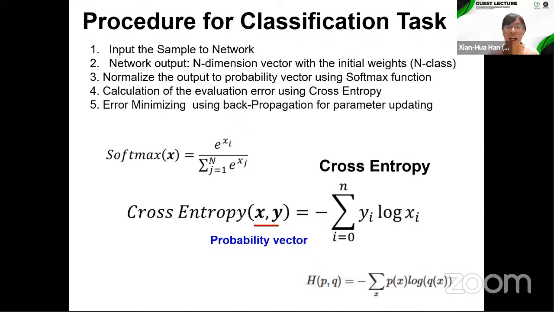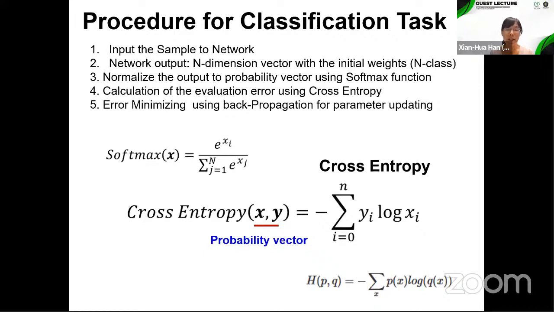The procedure for a classification task: first, we input the training samples to the network. With the initially defined weights, we get the network output, an n-dimensional vector. For a classification problem, the output should be a probability vector.